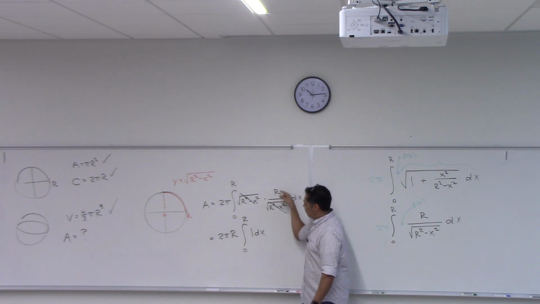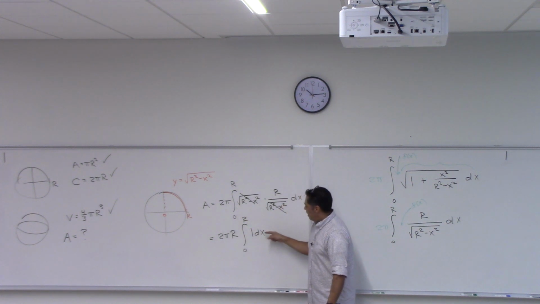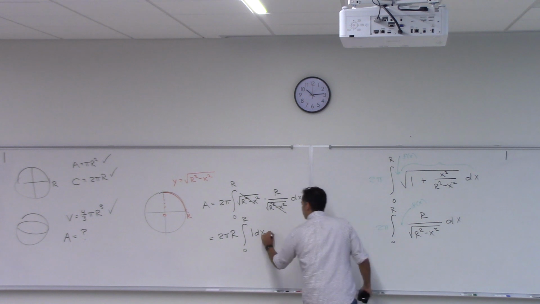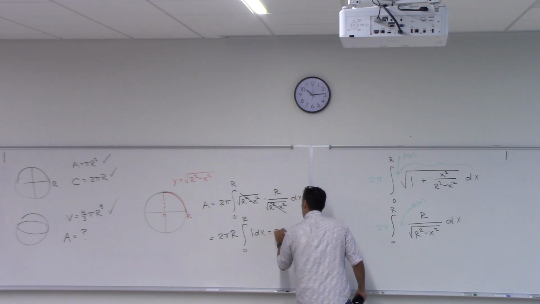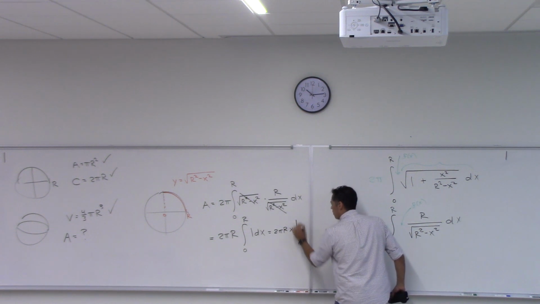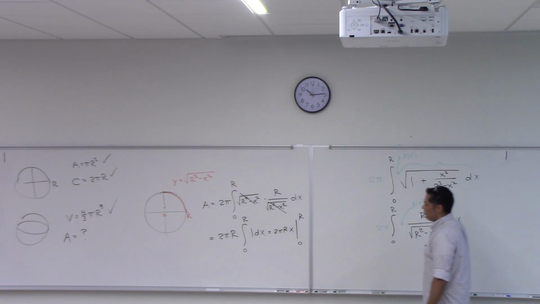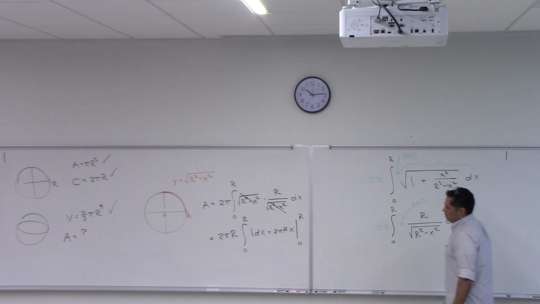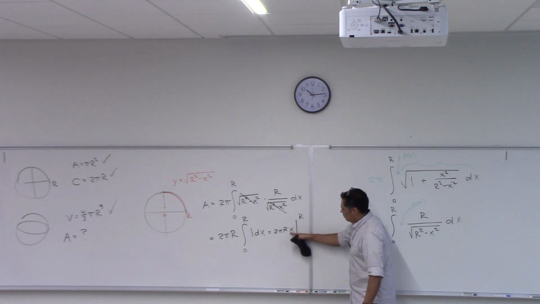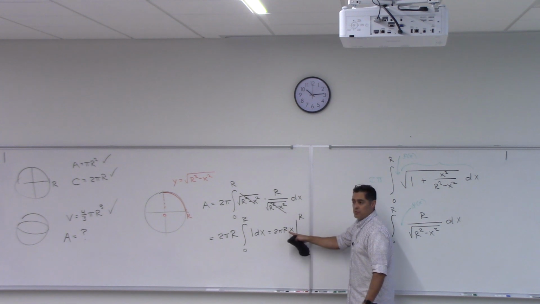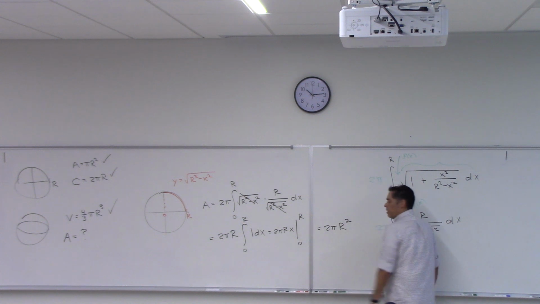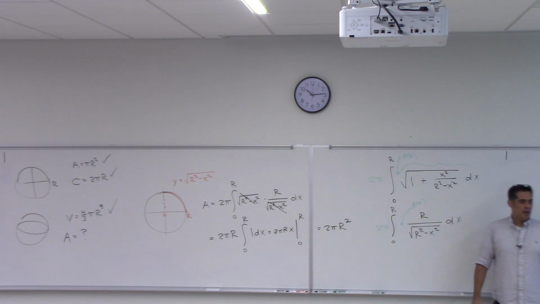Pull the r out, 2 pi r, and then figure out what this is. So this is 2 pi capital R x, right? The antiderivative of 1 is x, evaluated from 0 to capital R. What happens when you plug in r for x? You get r squared, and you plug in 0, it goes away. So this is just 2 pi capital R squared. That's your answer.